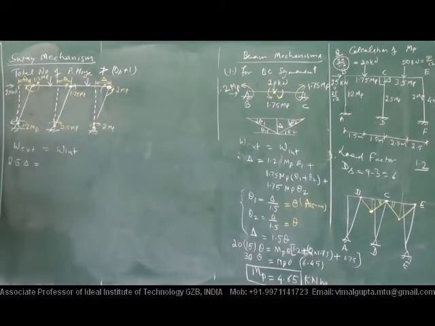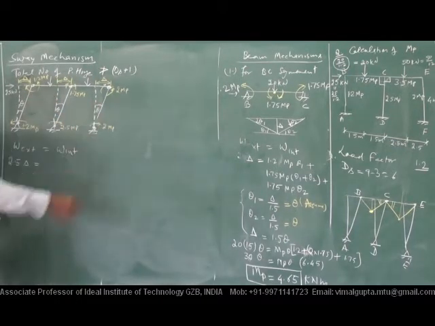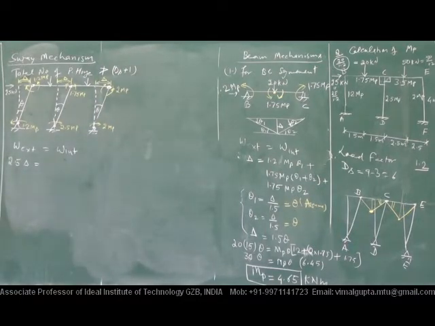Now you can write: if this rotation is theta, then delta divided by the vertical distance 4, so it will be delta divided by 4. So why write theta 1, theta 2, theta 3? Write the same theta, theta, theta, otherwise it is a waste of time. The same rotation will be there because the vertical length is the same.